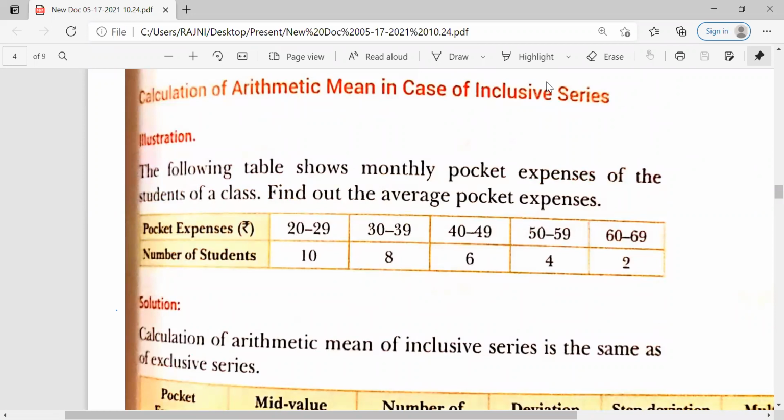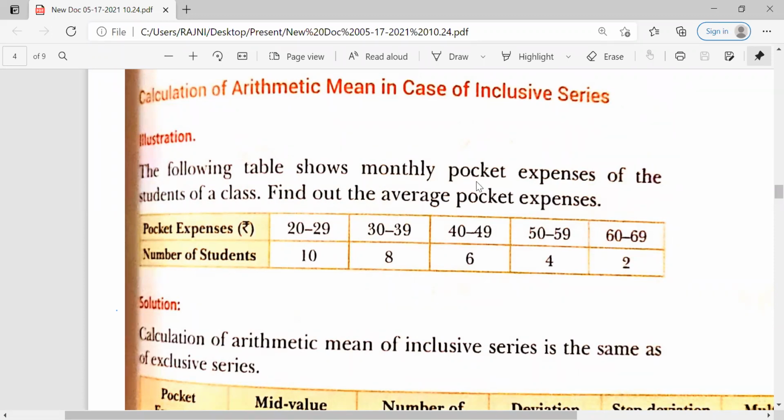Now the next case is the calculation of the arithmetic mean in the case of the inclusive series. I already told you that the inclusive series refers to the series in which the upper limit of one class interval is not equal to the lower limit of the next class interval, right?